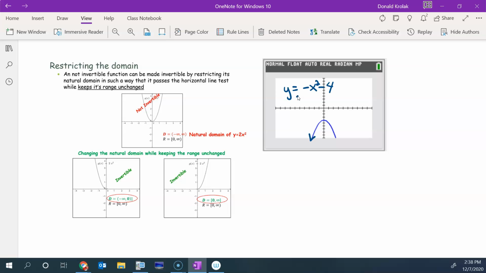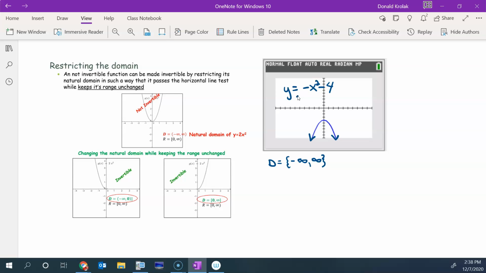Now, just looking at this, its natural domain would be from negative infinity to infinity, because there's no square roots, there's no variables in the denominator, there's no restrictions on this. So you can plug any x value you want and you get a y value.